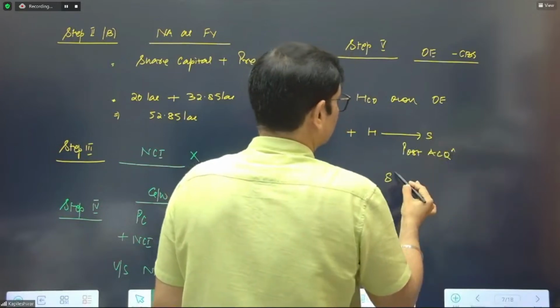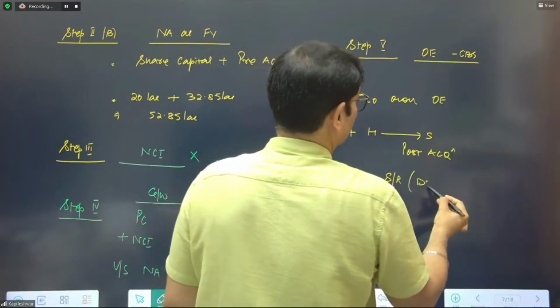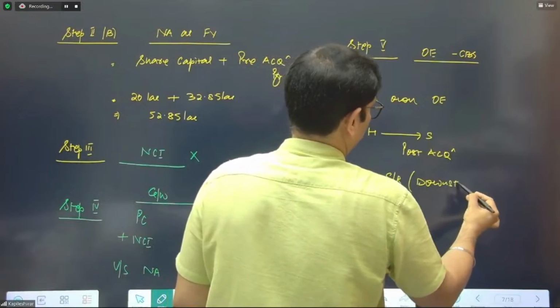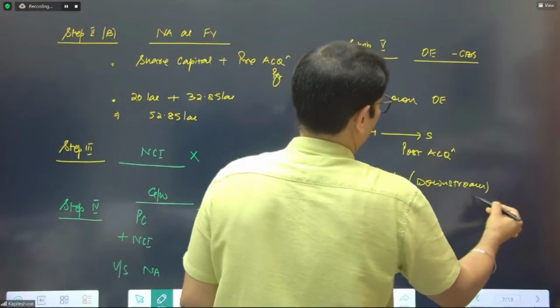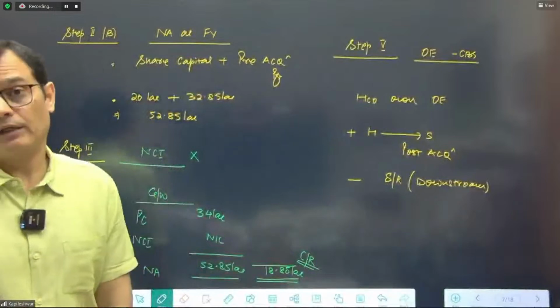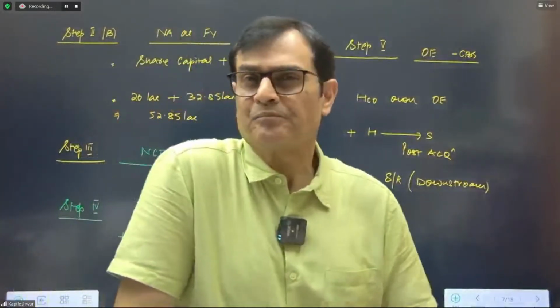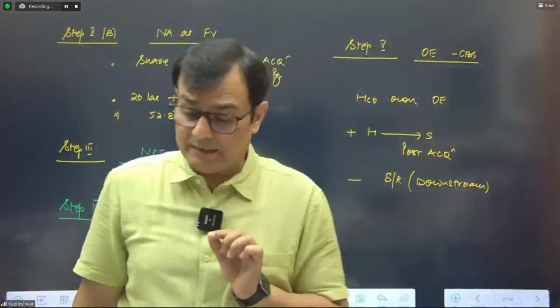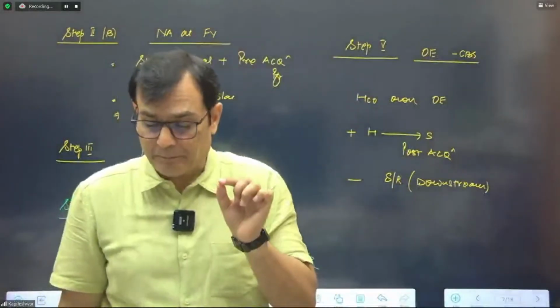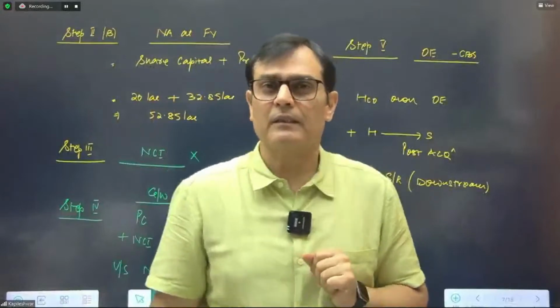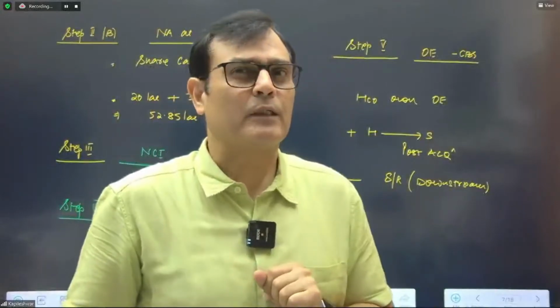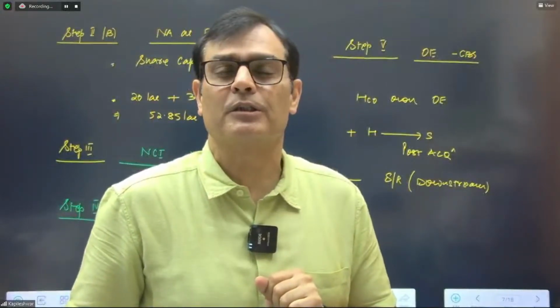And you need to reduce any stock reserve which is downstream in nature. So these are the basic focus points. Another focus point gets added now. We were given in the additional information that the parent company received a dividend from the subsidiary, and that was taken to the retained earnings of the parent.